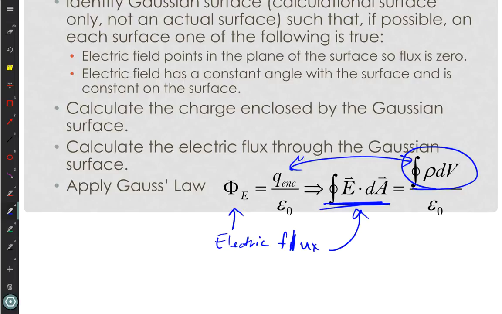We wanted surfaces where the electric field points in the plane of your Gaussian surface, which means a 90-degree angle between the area and the electric field. Because of that dot product, if there's a 90-degree angle between them, then it's 0 for the flux. Or if you have a constant angle that's not perpendicular and a constant electric field. If you don't have a constant electric field on your Gaussian surface, you better have that perpendicular or you're lost. Right? If your electric field is changing over your surface and you don't know how it's changing, you can't do the flux calculation.